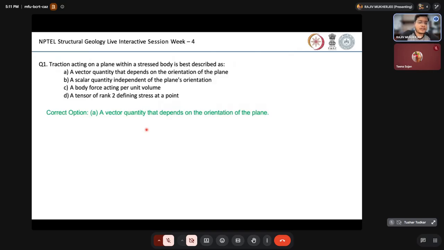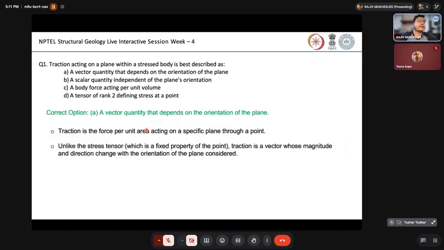So traction is essentially a vector quantity that depends on the orientation of the plane. Why so? Because traction is the force per unit area acting on a specific plane through a point, right?